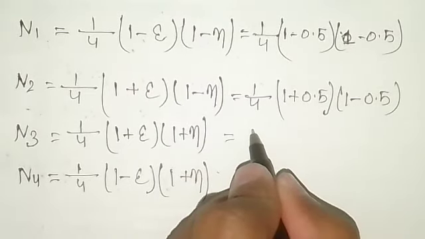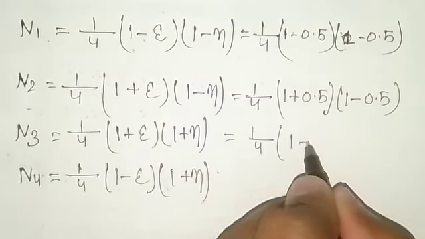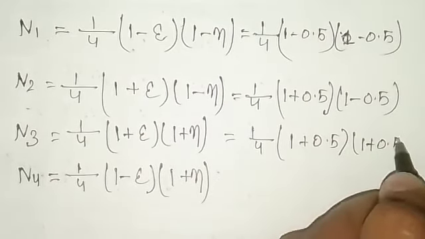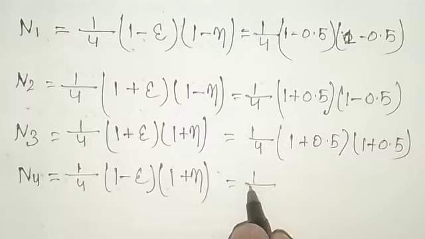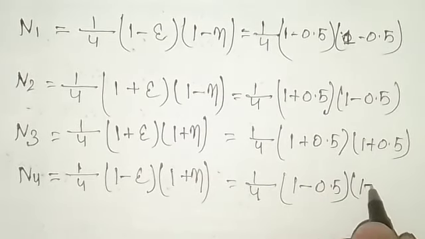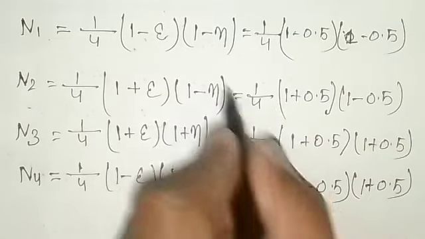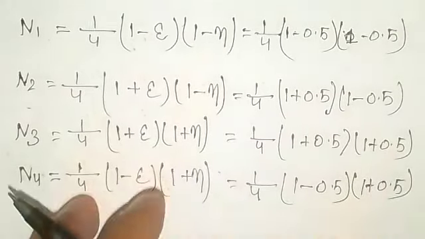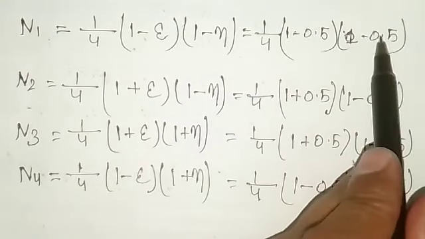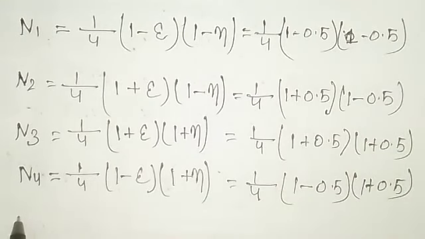N3 is 1 by 4, 1 plus 0.5 and 1 plus 0.5. N4 is 1 by 4, 1 minus 0.5 and 1 plus 0.5. So these values we have substituted into the equations. Now we can get N1, N2, N3, N4. You can simply simplify these equations.